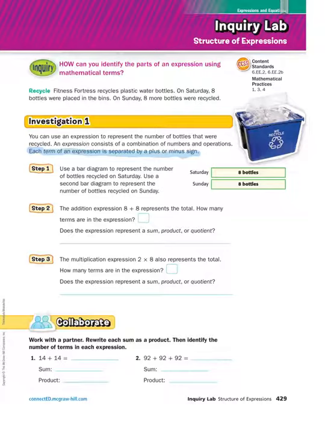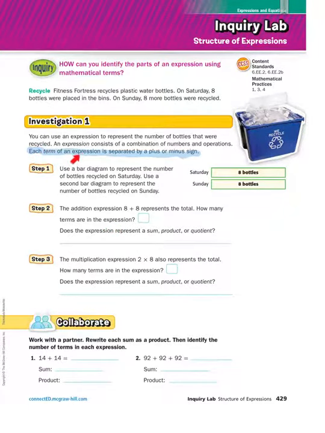So let's start with step 1. Use a bar diagram to represent the number of bottles recycled Saturday, and use a second one to represent the number of bottles recycled Sunday. So Saturday, 8 bottles, Sunday, 8 bottles. No big deal. In step 2, it says the addition expression 8 plus 8 represents the total. How many terms are in the expression? So I want to go back to the definition of term right here.